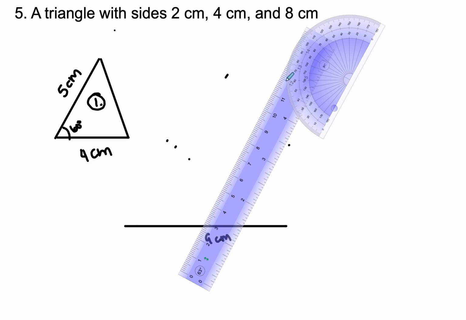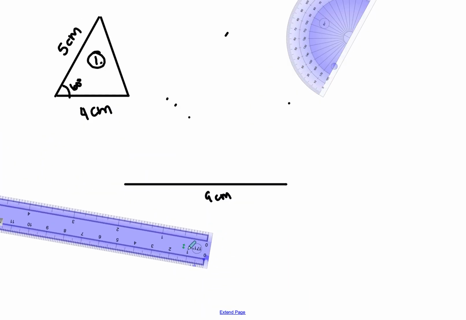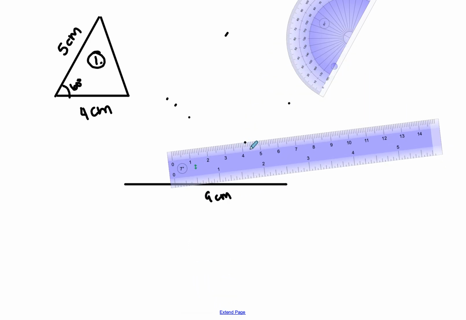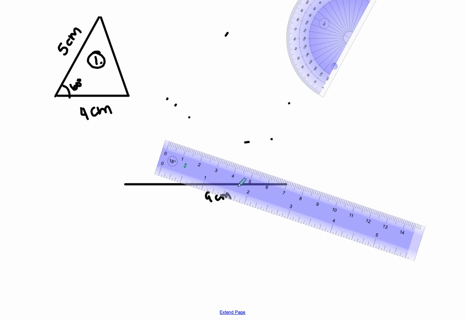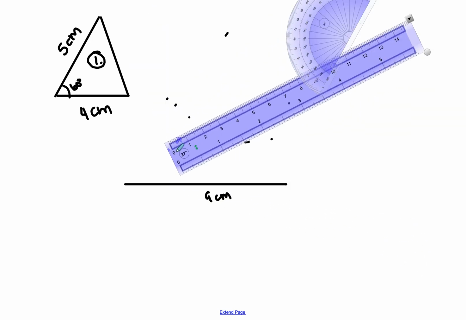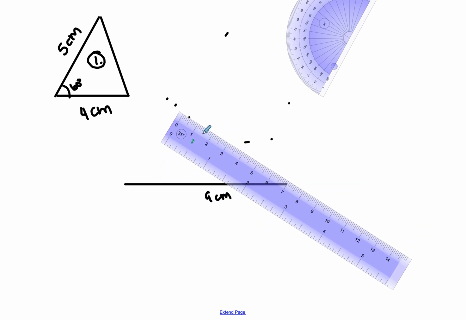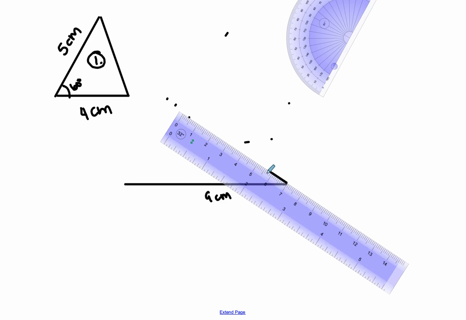Let's see where my 7's going to match up. Be grateful that you have an actual paper and pencil there. Okay, here's my 7. Looks like it about matches up with that one.